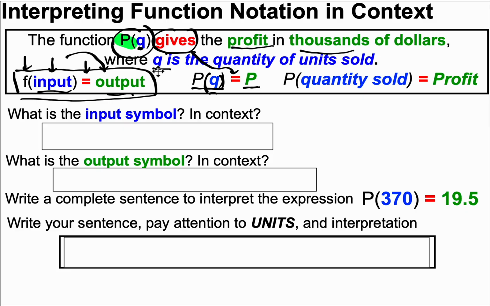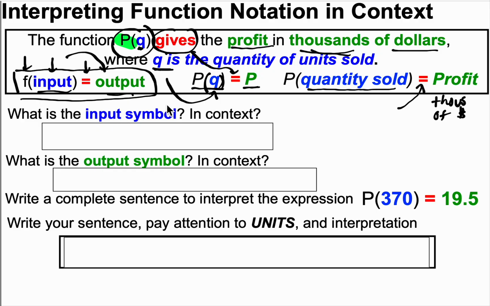And then it tells us what that Q value is. That's my input. So when I input the quantity of units sold, it gives me, or it's equal to, the profit in, don't forget that this says, thousands of dollars.